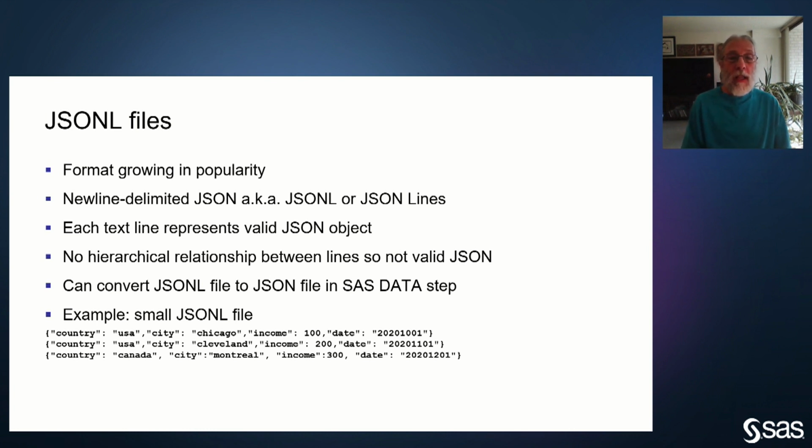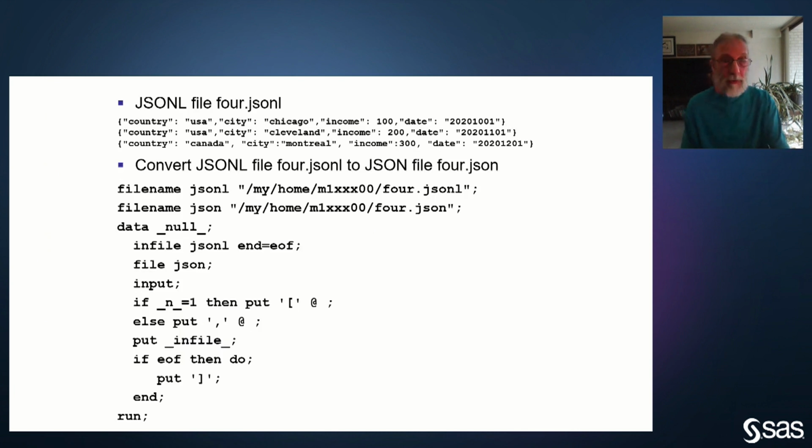What we can do here is we can use a data step to convert our JSON L file to a JSON file. And here is code to do that. I've got the JSON L file at the top, and here's just a relatively straightforward data step where we read each record, write it out. We put some extra characters in at the top, bottom, before lines to turn the JSON L file into a valid JSON file.